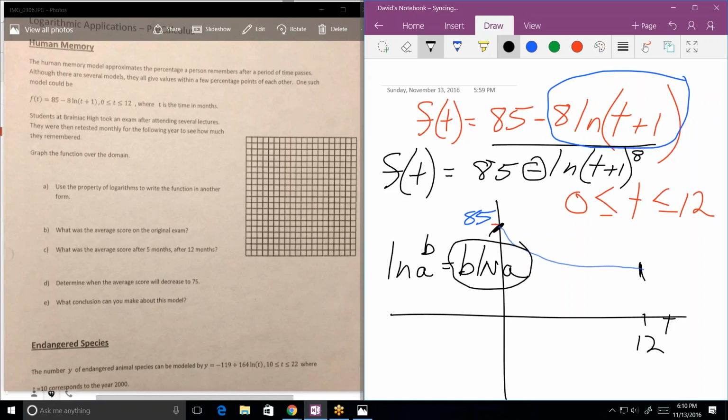What was the average score on the original exam? I have no idea how to answer that. Let me reread the first paragraph.